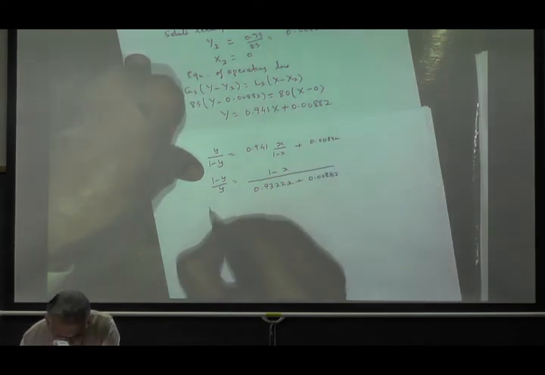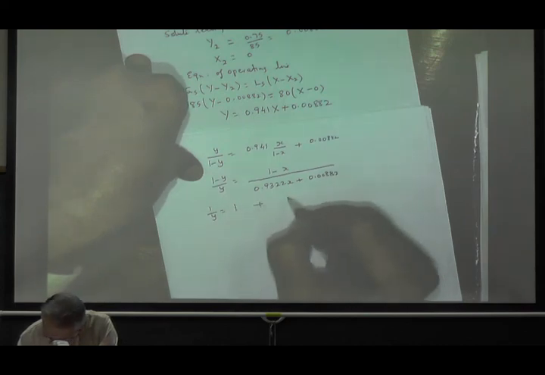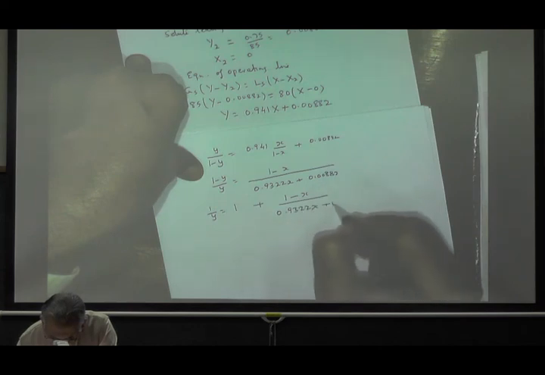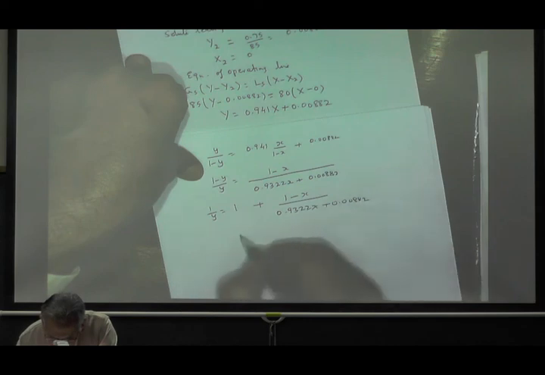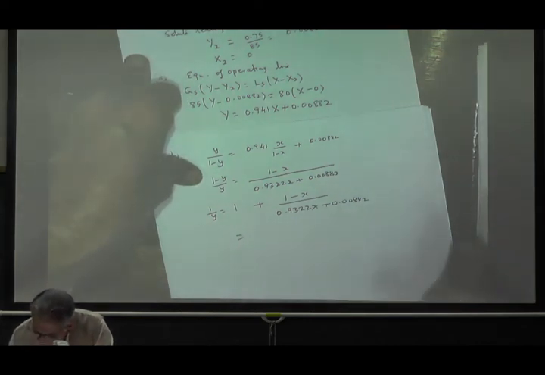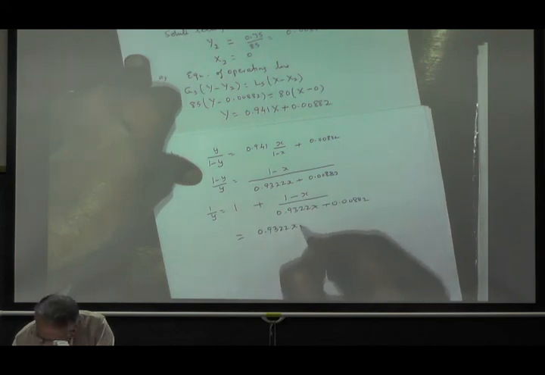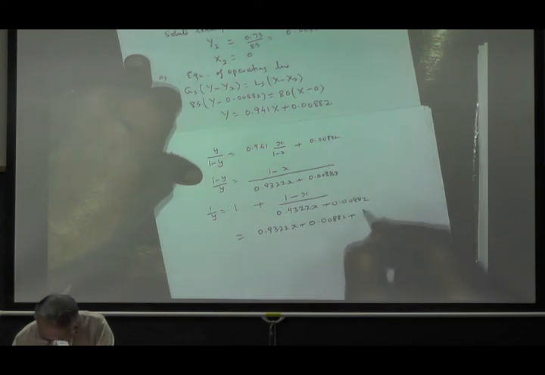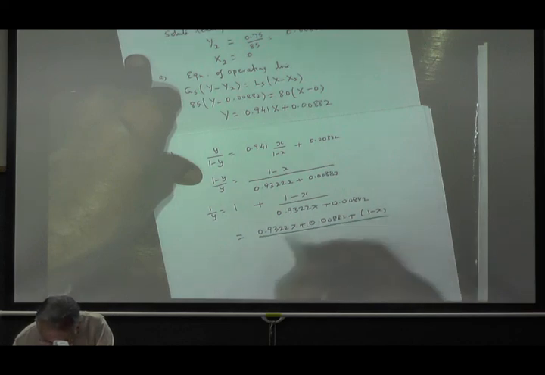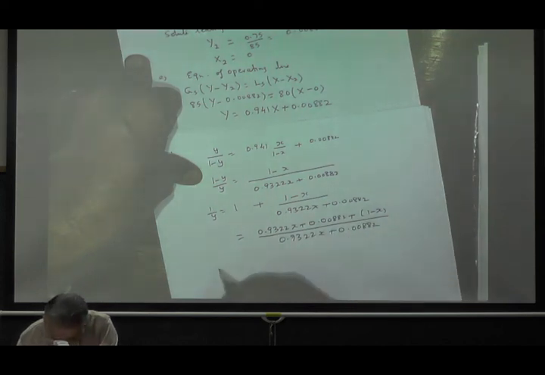And 1 over y is equal to 1 plus this much, which comes out to be 0.9322 x plus 0.00882 plus 1 minus x, or y is equal to 0.9322x.